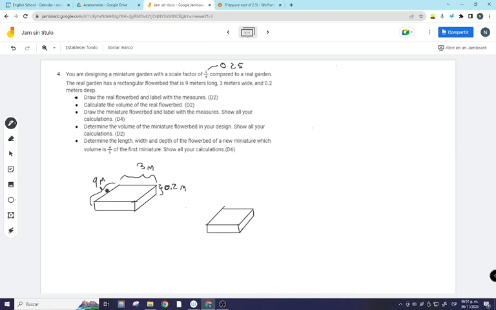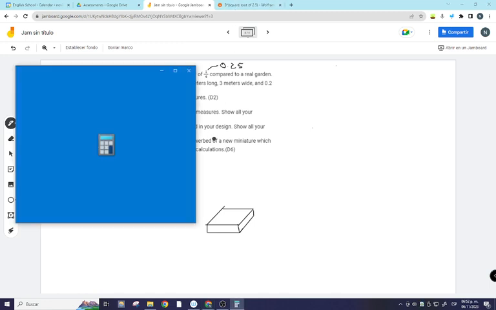Then we had to calculate the volume of the real flower bed, and remember, the volume of a rectangular prism is just multiplying the length times the width times the height, which in this case we already know.